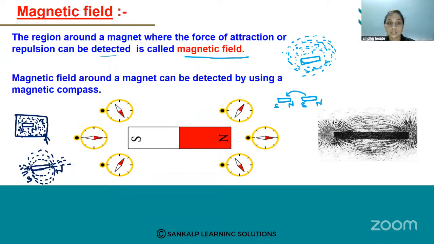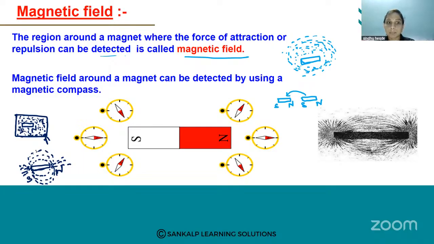Okay, so here what are we doing? On a white sheet, we just randomly place some iron fillings. See, when we tap one end of this paper, after some time all that iron fillings come close to this magnet and get arranged like this.